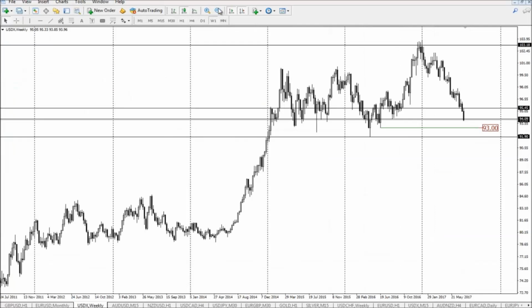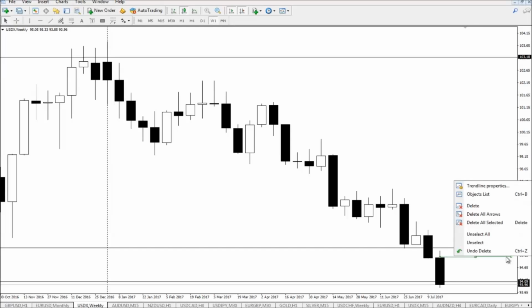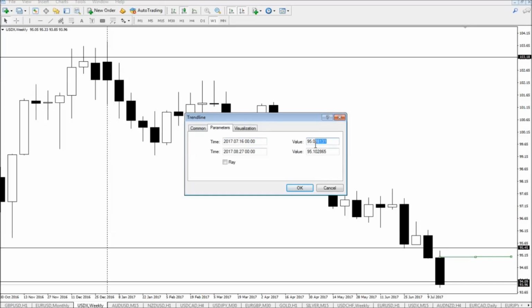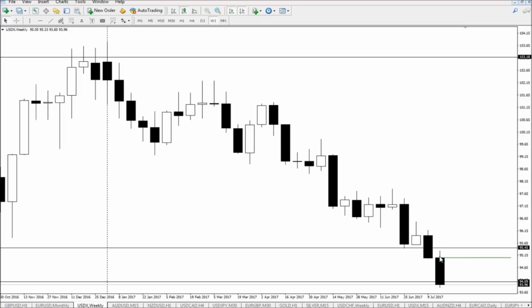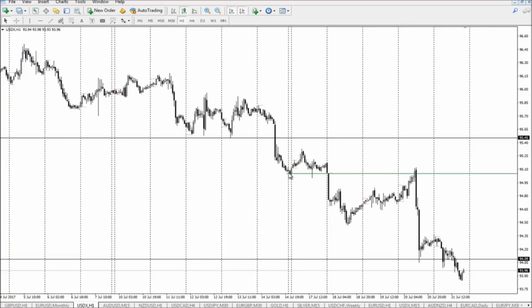Let's draw the open out. The open was 95.05, last week's open. Yep, here's the weekly open.